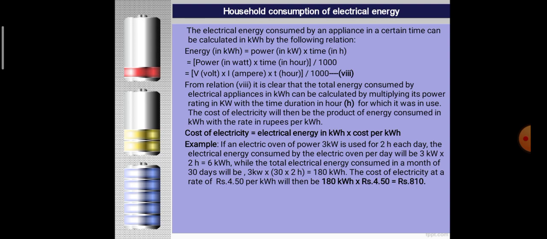If an electric oven of power 3 kilowatt is used for 2 hours each day, the electrical energy consumed by the electric oven per day will be 3 kilowatt into 2 hour, which is 6 kilowatt hour, while the total electric energy consumed in a month of 30 days will be 3 kilowatt into 30 into 2 hours, which is 180 kilowatt hour. The cost of electricity at a rate of 4.5 rupees per kilowatt hour will then be 180 into 4.5, which is rupees 810.